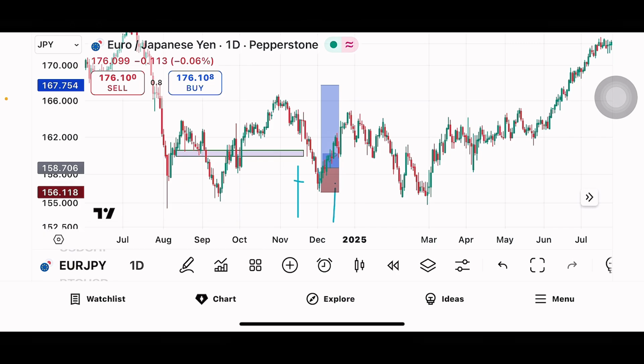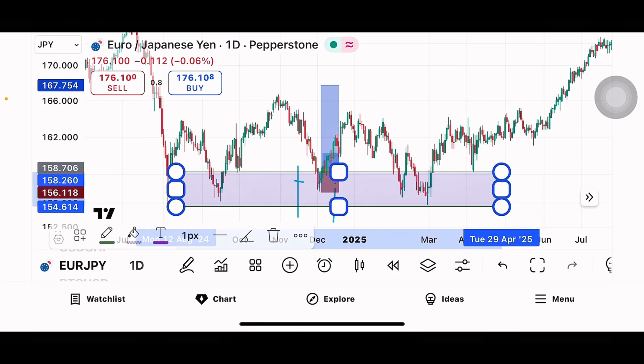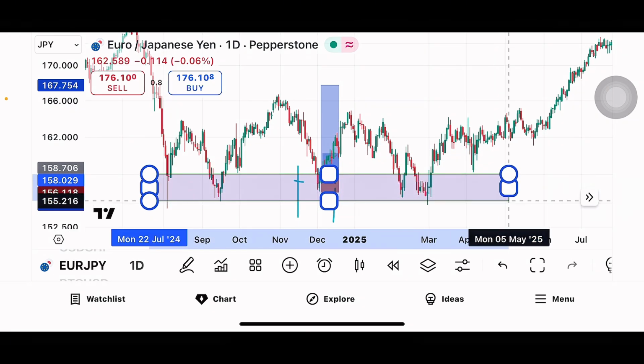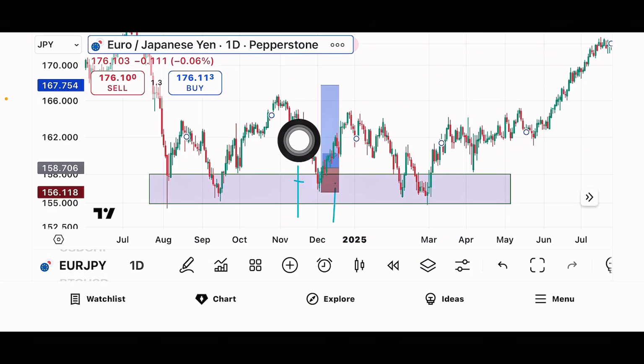When I say areas of value, I'm talking about areas of support or areas of resistance. As you can see, this area now is an area of support. So all those candlesticks are going to work well at this kind of area, but you cannot be using them at the middle of nowhere. You have to use them at areas of value like this. That's how you can make maximum profit with it.